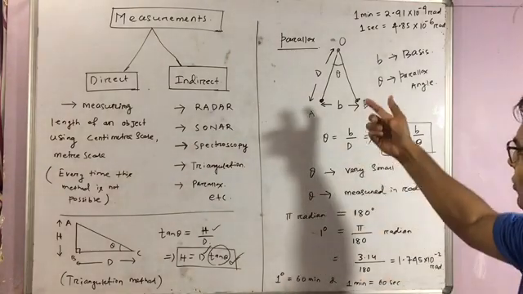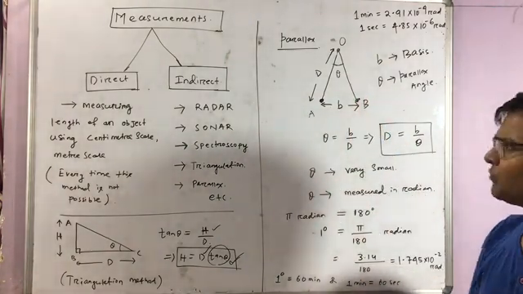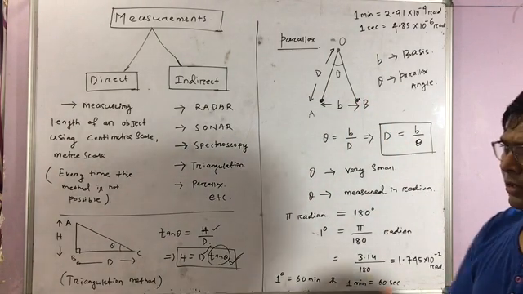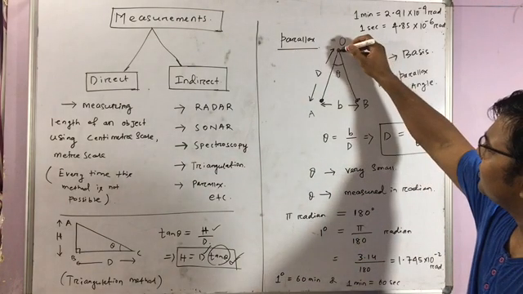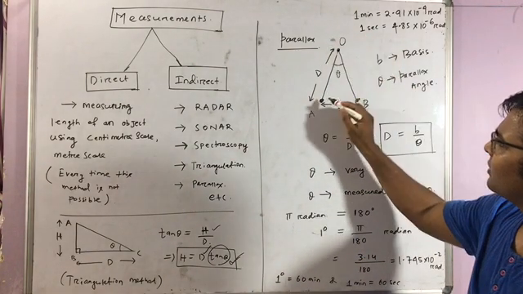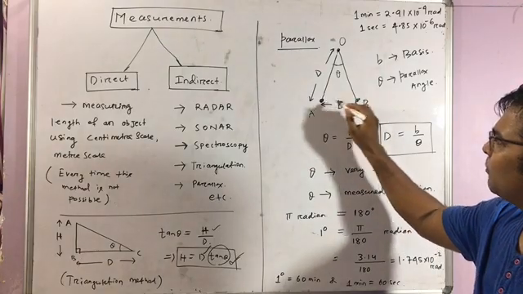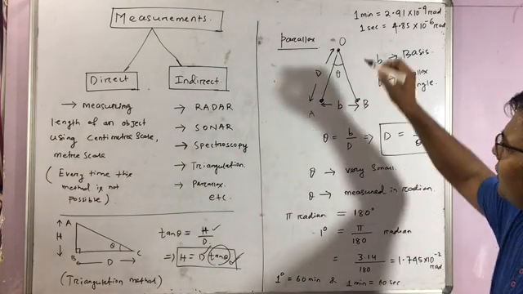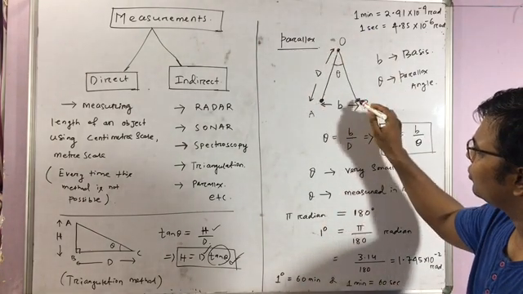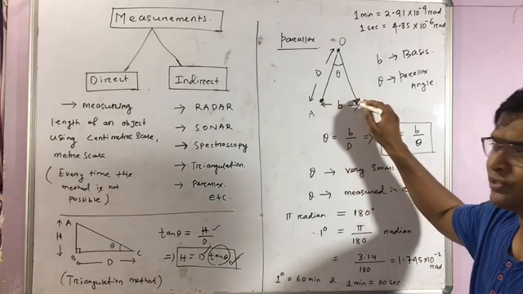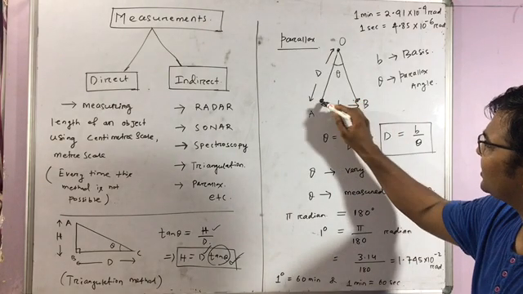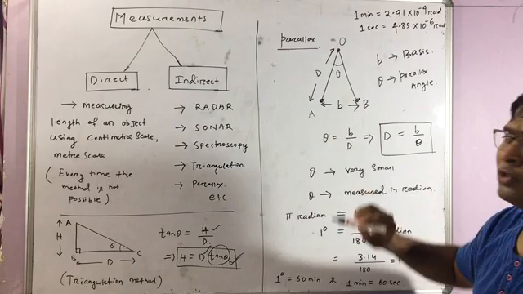Clear? Now, how? Let us see here. Suppose this is the object you are observing. A and B are two different points of observation. You are observing the same object from two different observation points. The distance between the two observation points is called your basis.